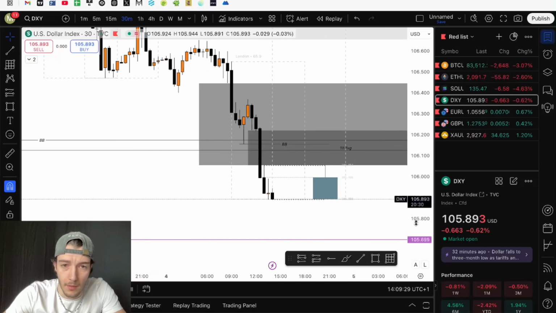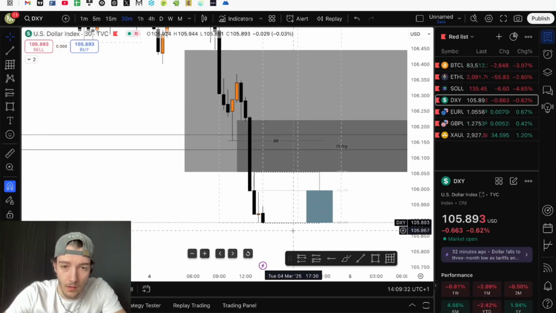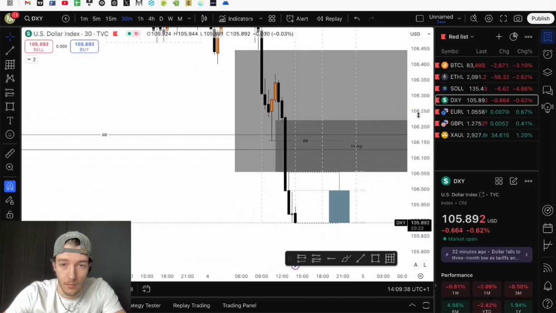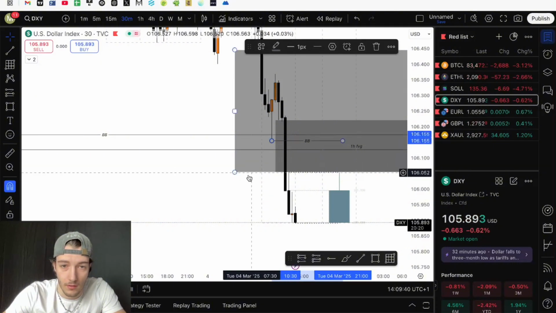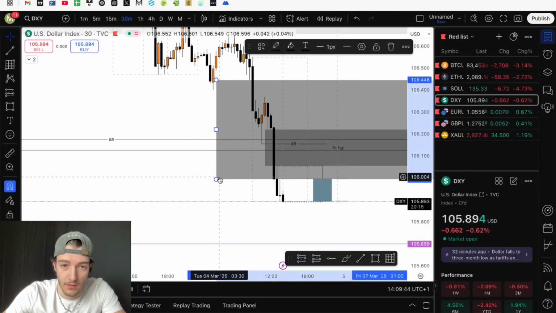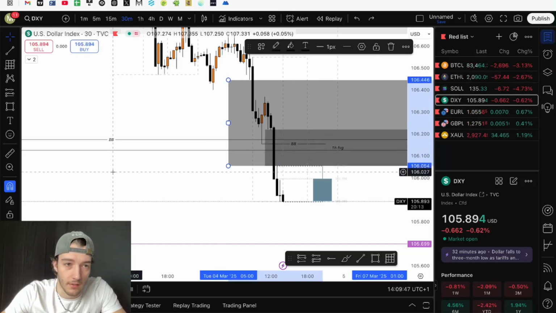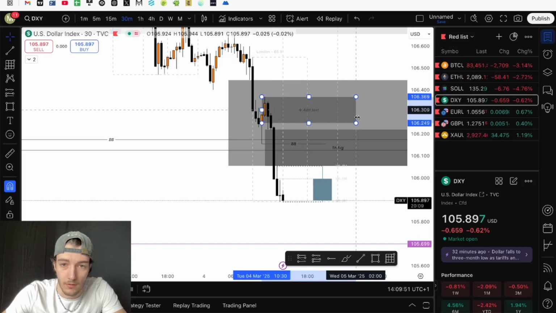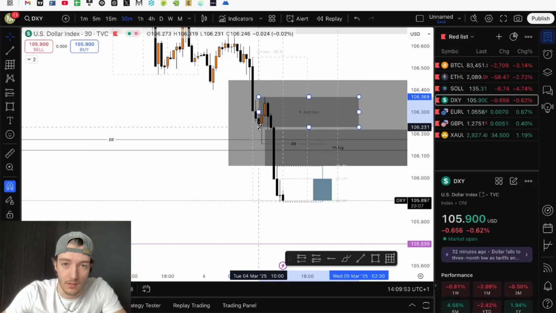Yeah, on the 30 minute, similar thing. This fair gap is basically also the 30 minute fair gap here, breaker exactly here. So coming back into here would be nice, but I don't necessarily want any candle to move above or close even inside this area here.